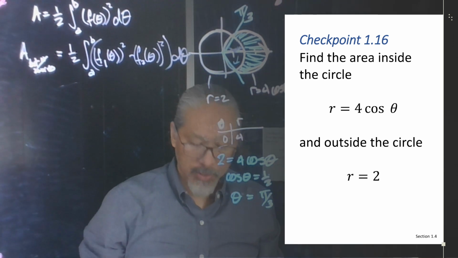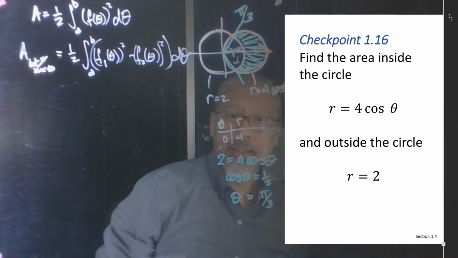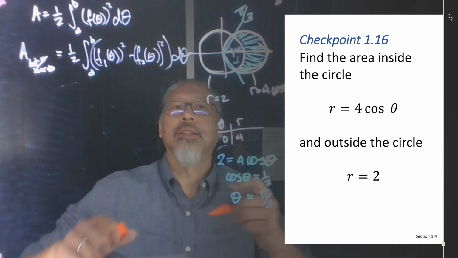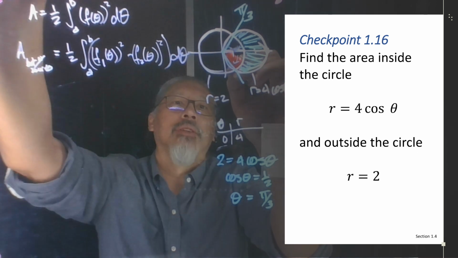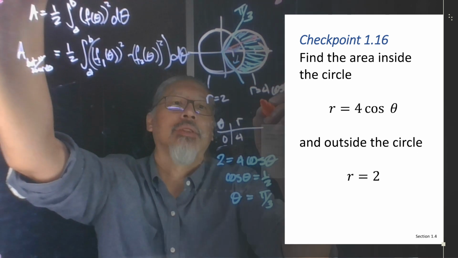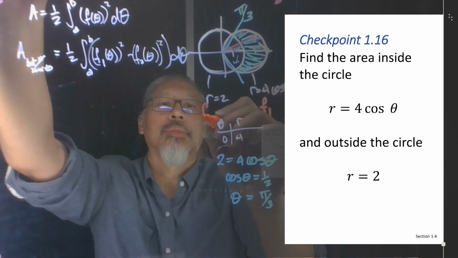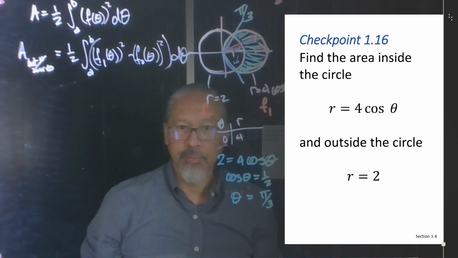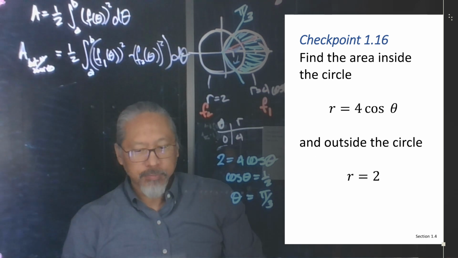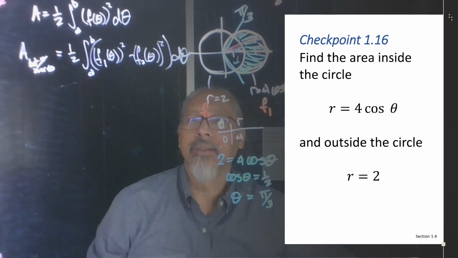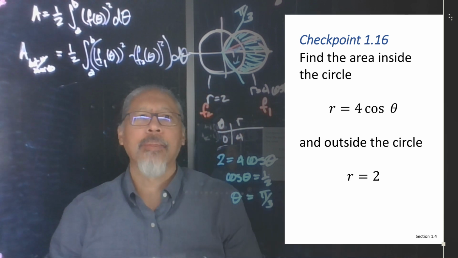Okay, that is our setup. Which one's the bigger function, which one's the smaller function? The bigger function is going to be the farther away from the origin, so let's call this f1 here, and this is going to be f2. Okay, all right, let's go ahead and do this integral.